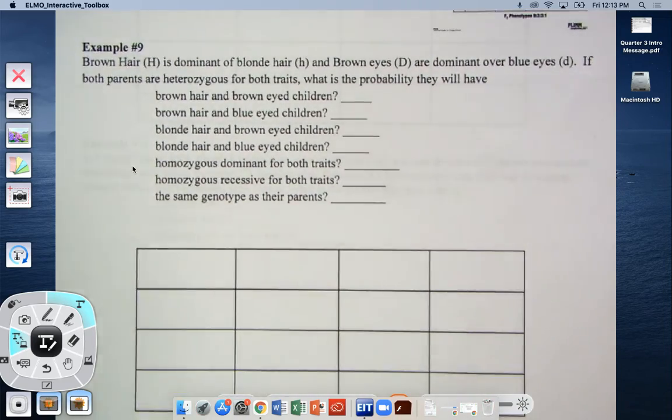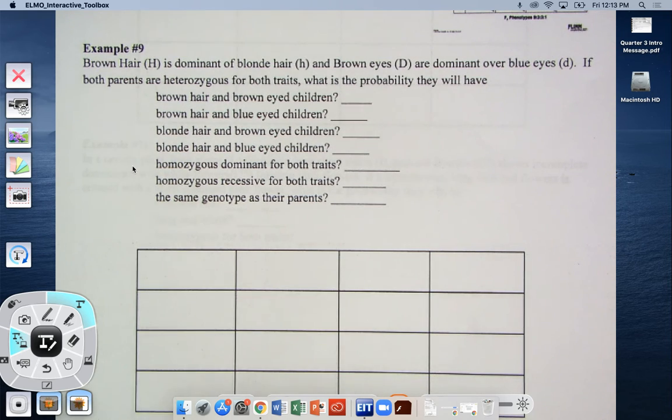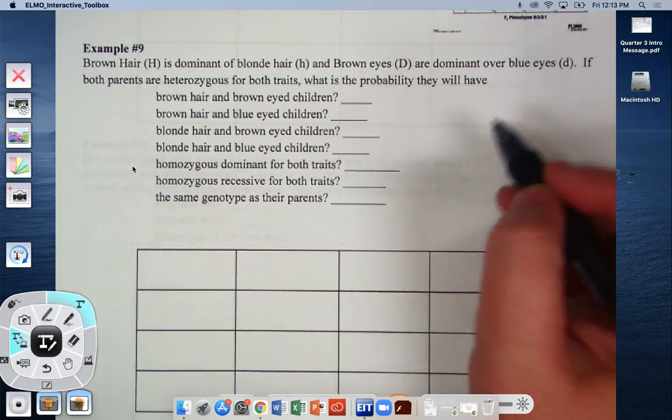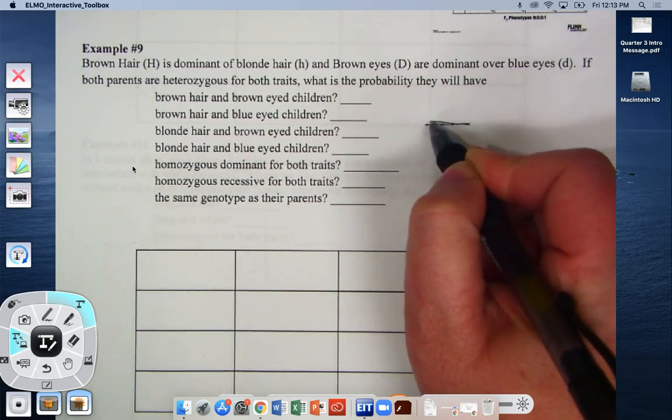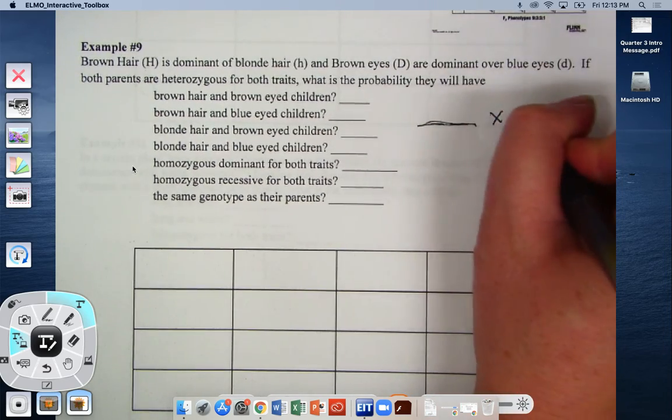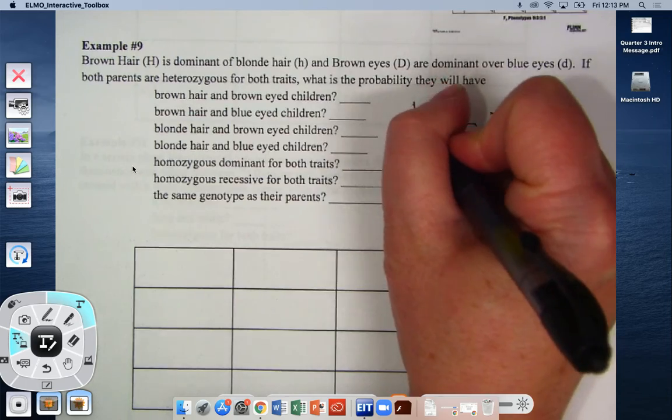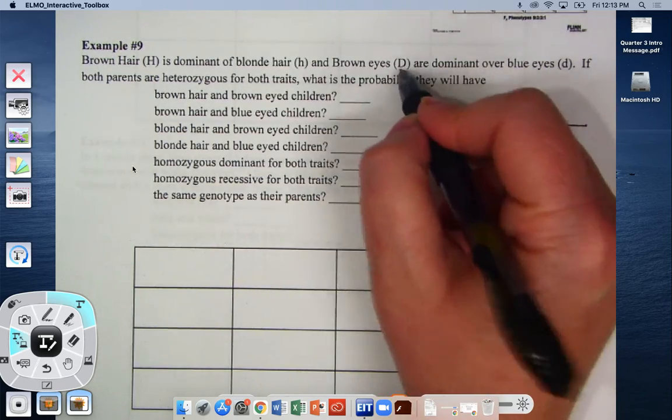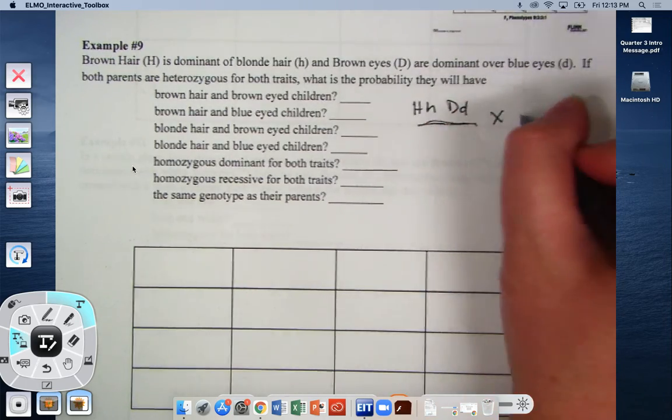So brown hair is dominant over blonde hair, and brown eyes are dominant over blue eyes. If both parents are heterozygous for both traits, what is the probability? So we're having heterozygous parents. So capital H, lowercase h, capital D, lowercase d.